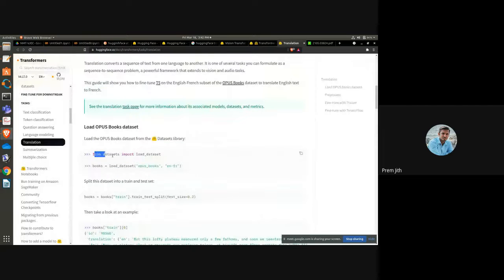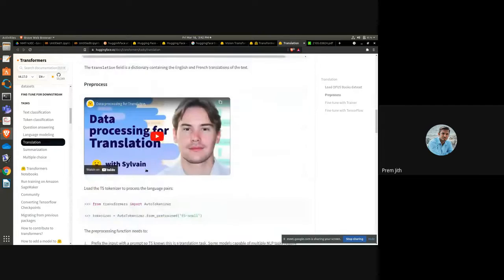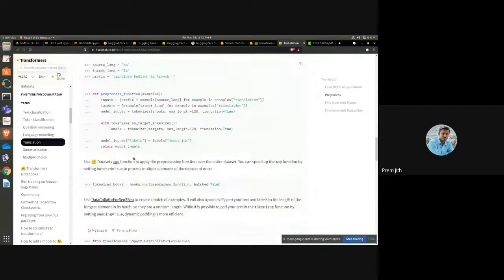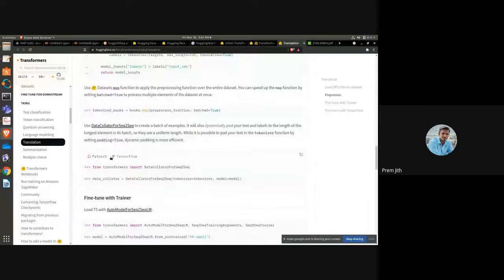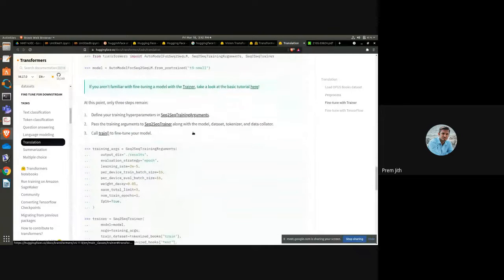For example, load the dataset Opus Books. Opus Books is translation data, English to French. That website contains translations from English to many other languages and vice versa. You can directly use the models available in the Hugging Face transformers for translating a sentence into another language.